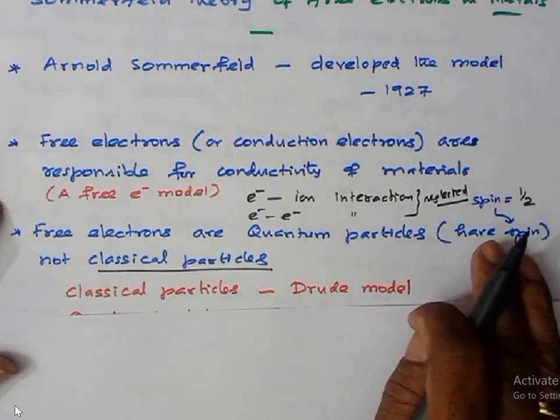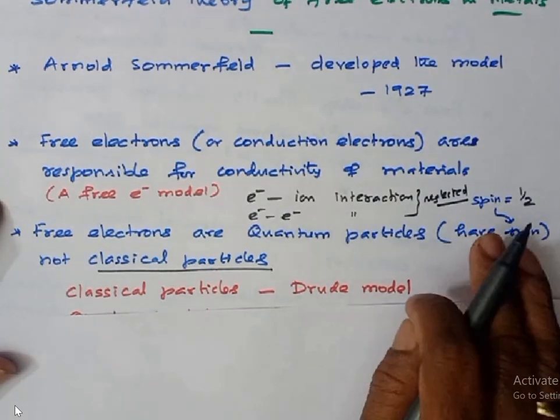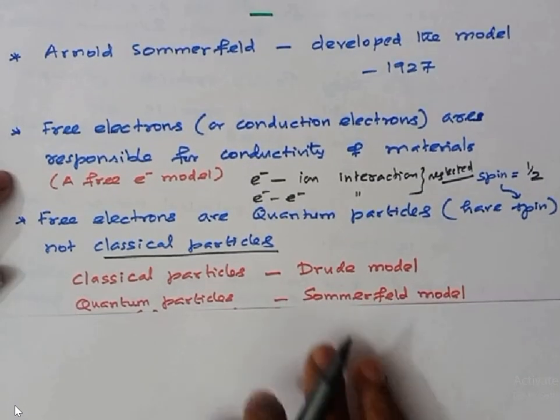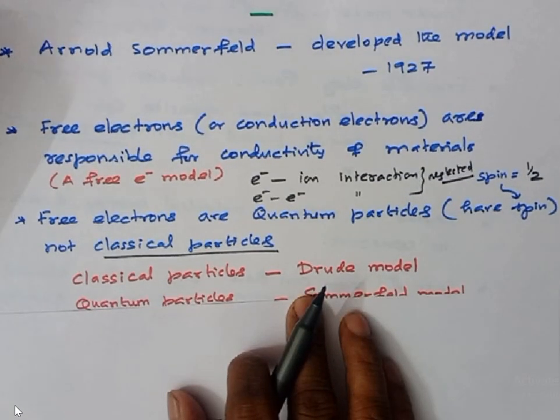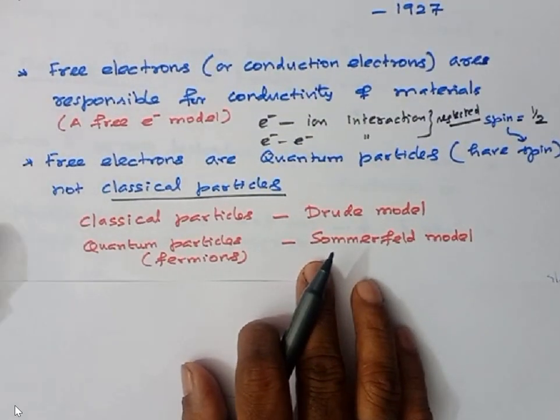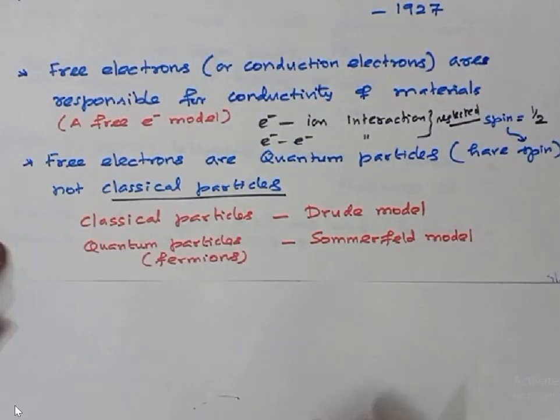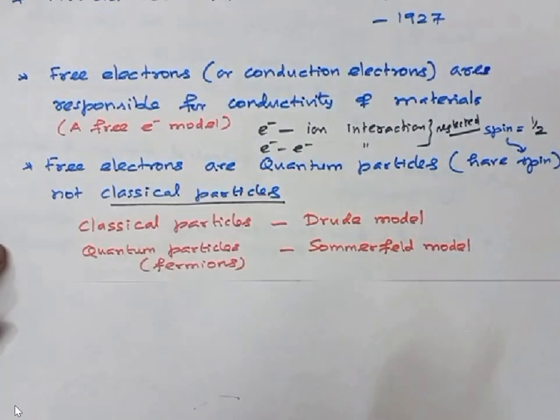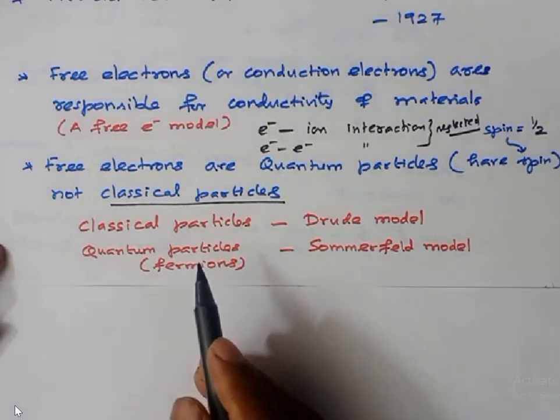So the free electrons in metals are actually fermions. Sommerfeld proposed this model by making use of the fermion theory, which we are going to discuss as we go along, to explain the electrical conductivity and thermal conductivity of metals. So keep this point in mind.